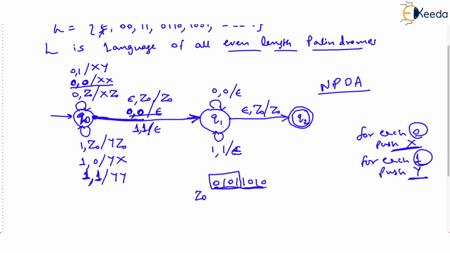As soon as you enter the second part of the string, you should start the pop operation. But the big question is, how will our PDA come to know that it has reached the center?